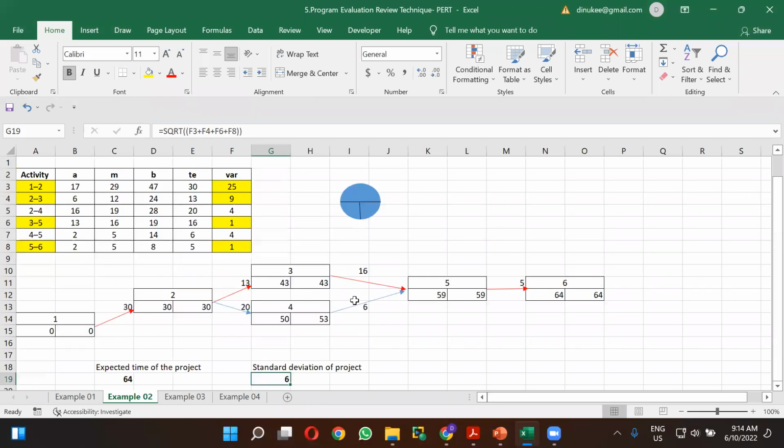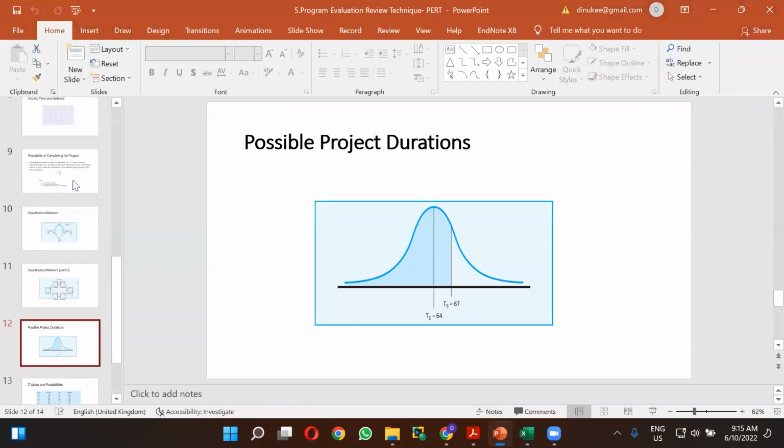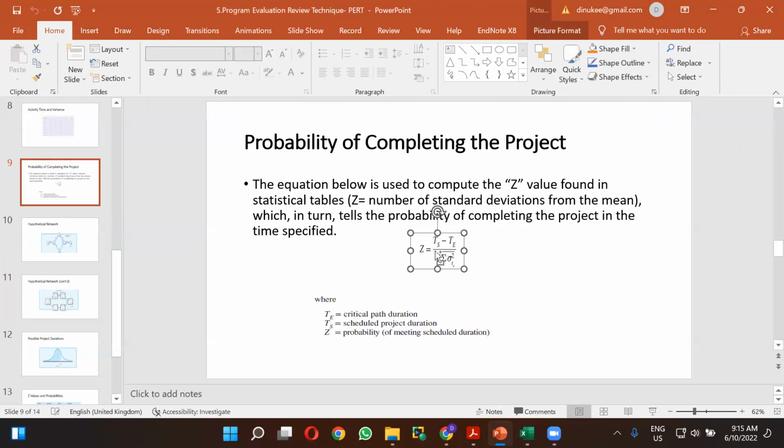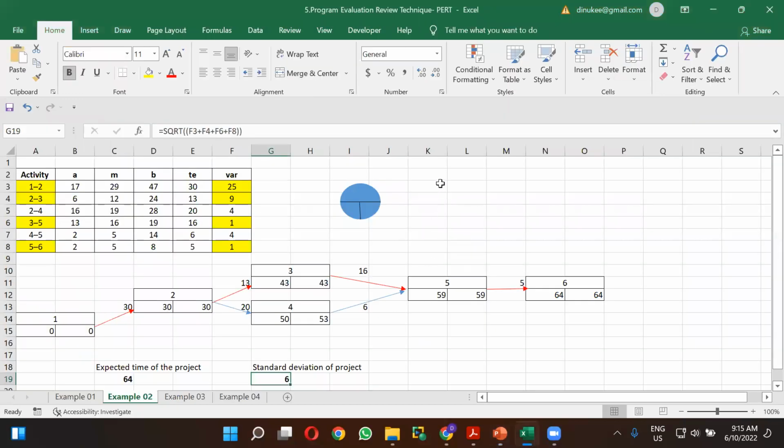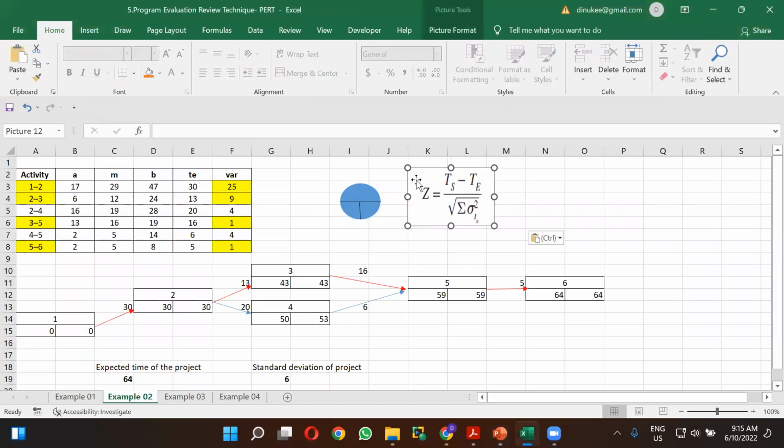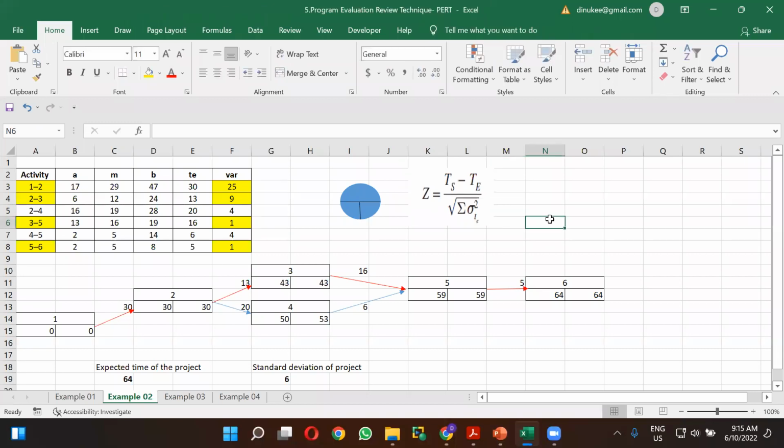For this example, I will take the equation so I can explain it easily. In example number 2, we have now calculated the critical path duration. What is the expected time for this project? We are assuming these are days.